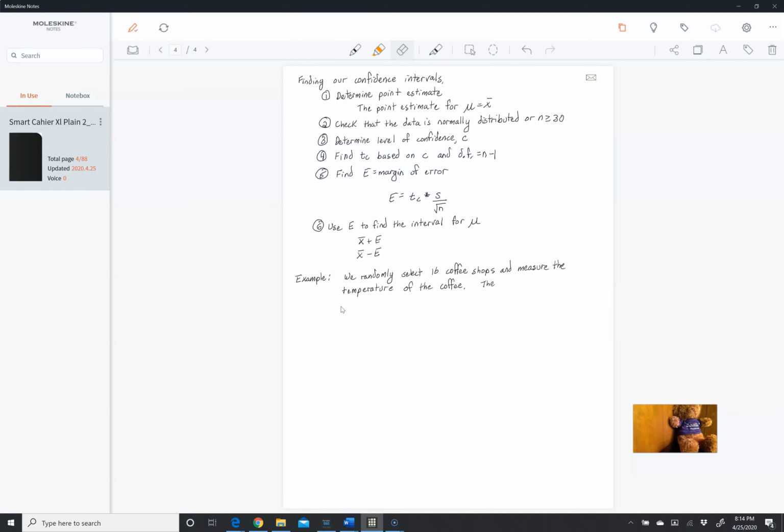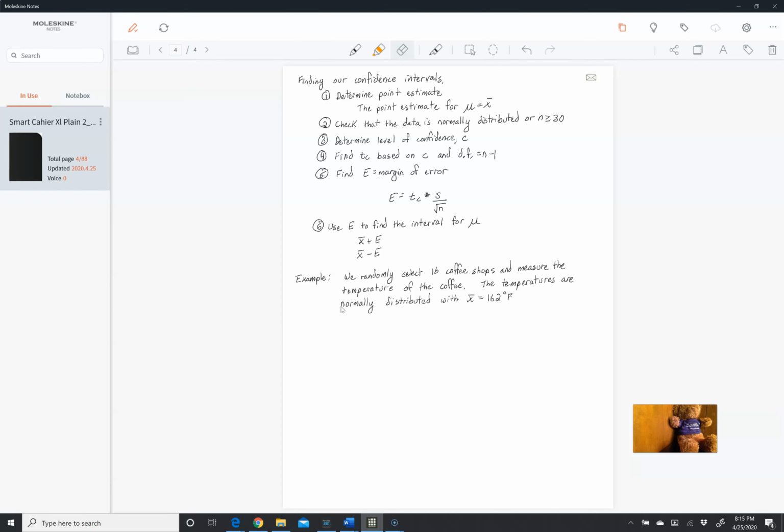The temperatures are normally distributed with X bar equal to 162 degrees Fahrenheit.